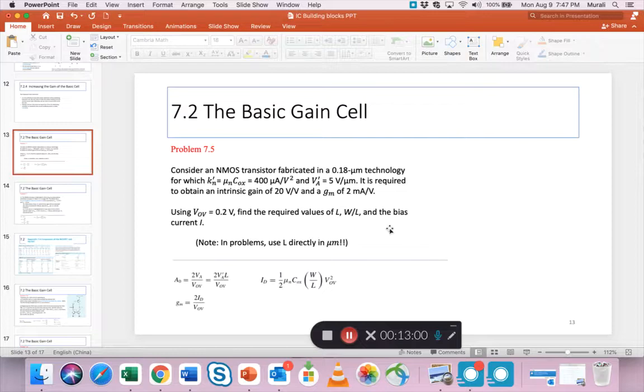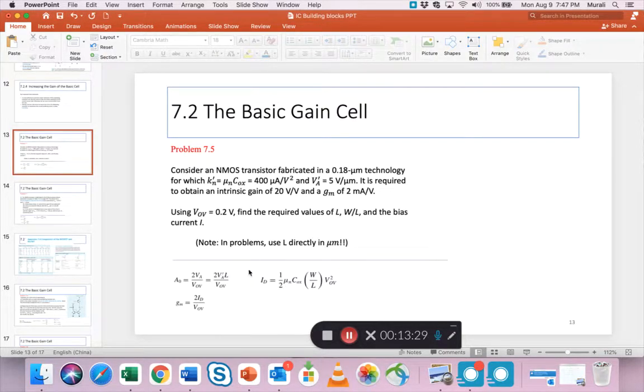So, not a complicated problem, but you need to do problems like this to get practice with the numbers. In fact, I list this caution at the bottom. This L in this formula, it's given in micro, but you don't have to convert it, just directly put it as the given value. The L is 0.18, right? Just use it directly.